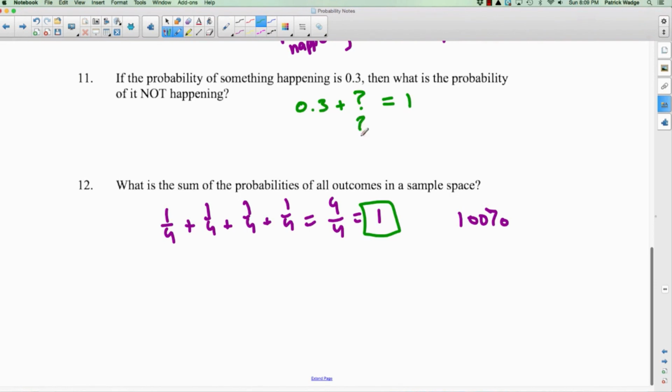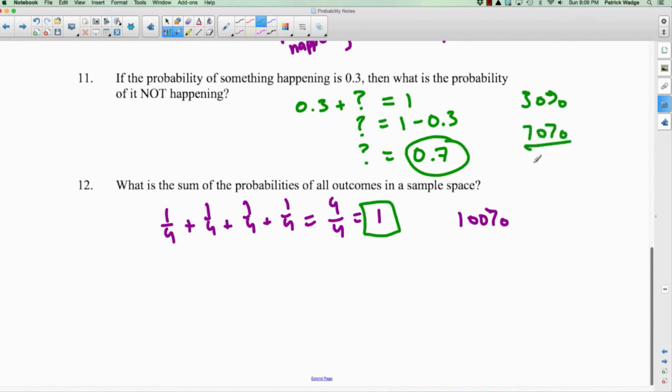So we get question mark equals 1 minus 0.3. The answer is 0.7. That makes sense, right? 0.3 plus 0.7 equals 1. And it always has to equal 1. Or 100% if you're doing percents. If we're doing percents, this would say 30%. If the probability of something happening is 30%, the probability of it not happening is 70%, and that adds up to 100%. All right, everyone, I know that was pretty fast.